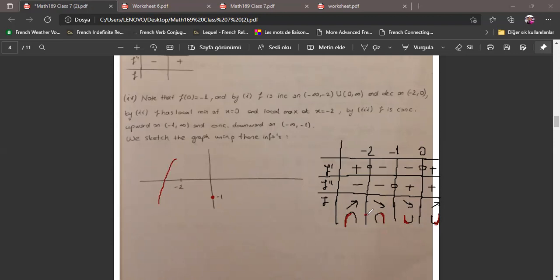So here you see this is the inflection point, and sorry, it's not the inflection point. This one is the inflection point, and that's it, right? We have only one inflection point. We have here a local max and a local min. So it should look like this.